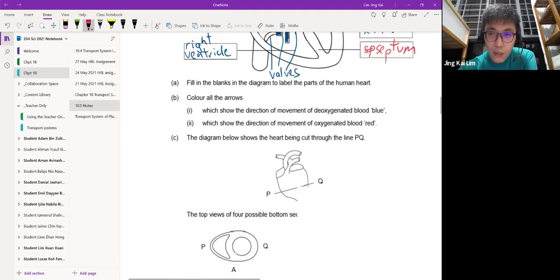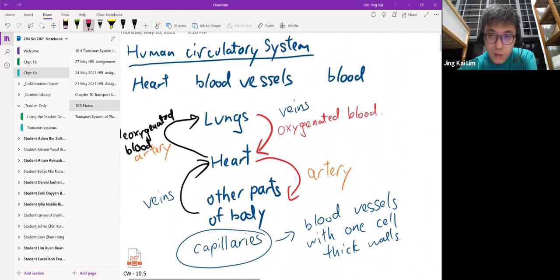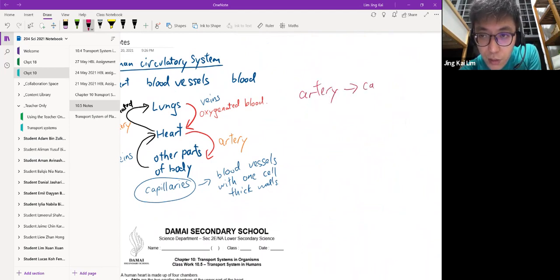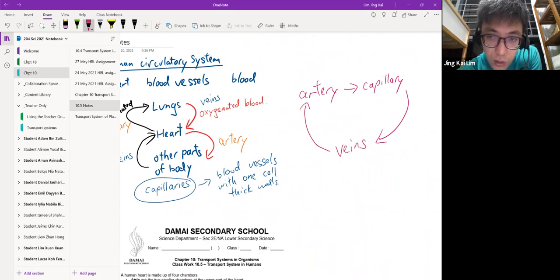Going back to the start, blood from the artery goes to the capillary, then goes to the veins, and then goes back to the artery through the heart. Capillary is to the body parts.